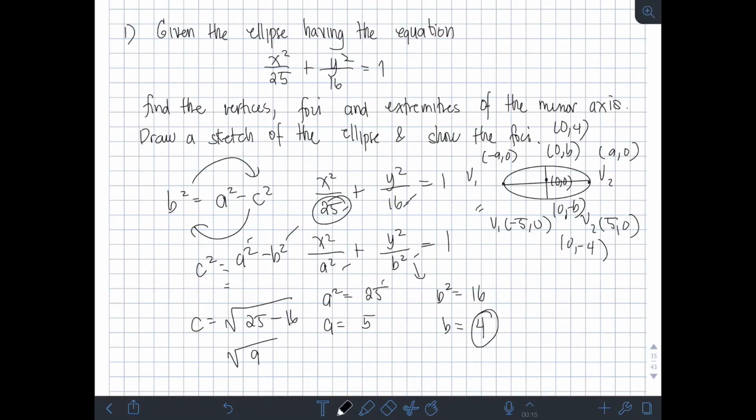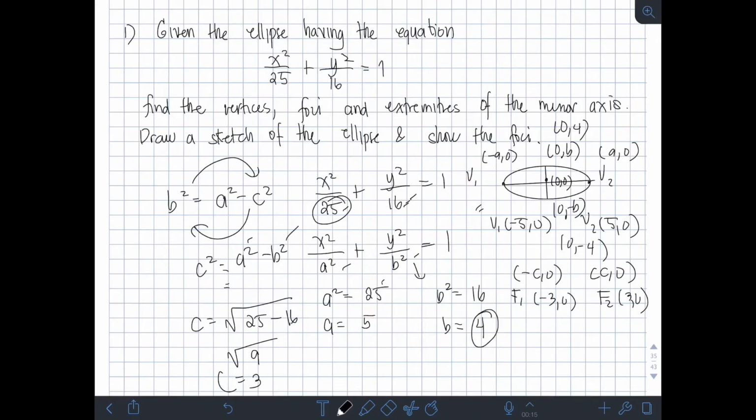So, square root of 25 minus 16 or 9 or 3. So, therefore, c is 3. So, ang form natin for the coordinate nung focus having major axis as the horizontal or the x-axis is negative c comma 0 and c comma 0, right? So, therefore, let's say focus 1, we have negative 3 comma 0 and focus 2, we have 3 comma 0.